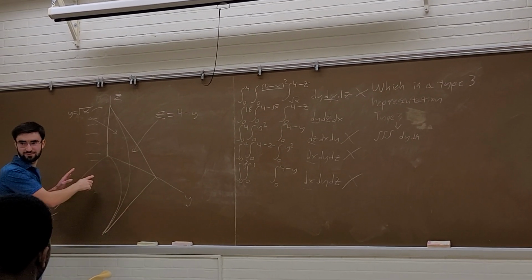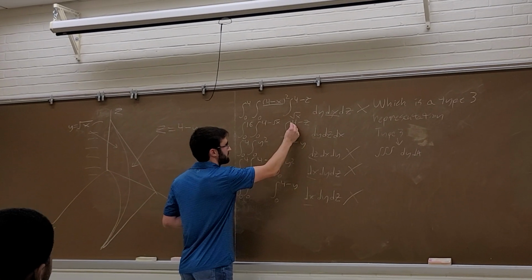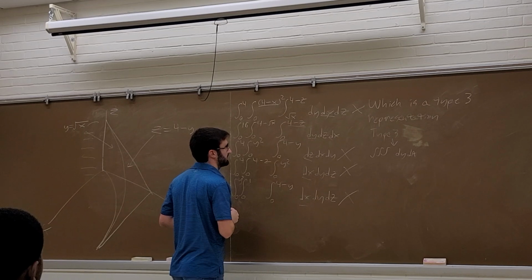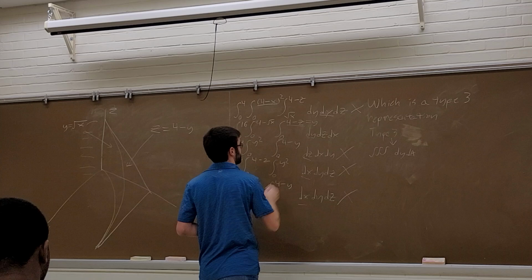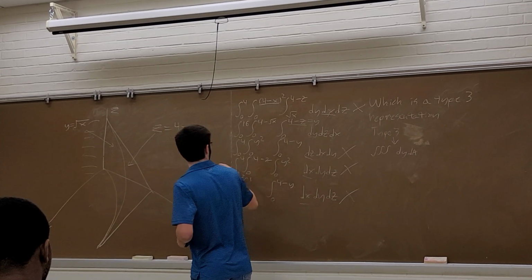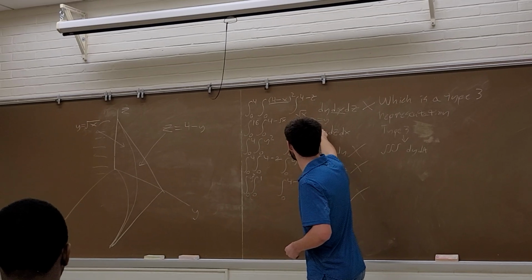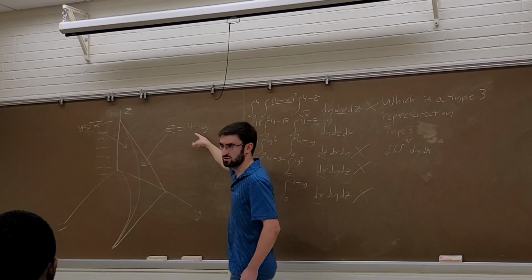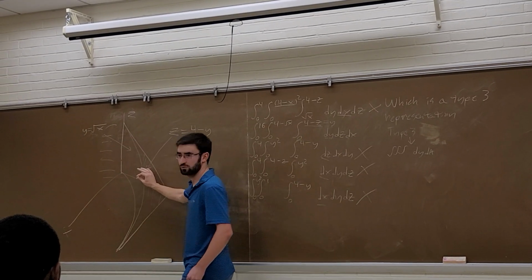Is everyone okay with that? The upper bound is the plane y equals 4 minus z. If you solve for z, you have z equals 4 minus y, which is in fact right here. So yes, we are covered by that plane, which is good.